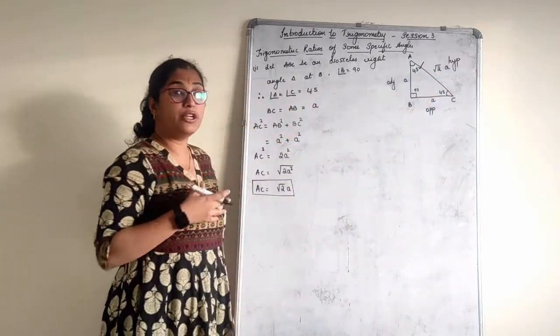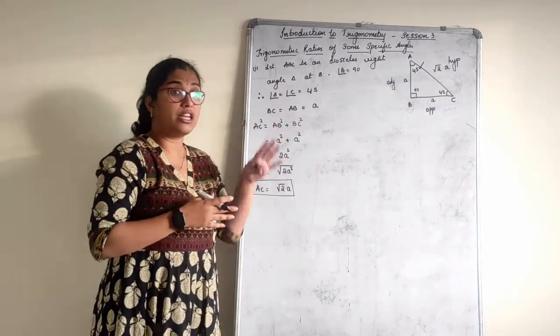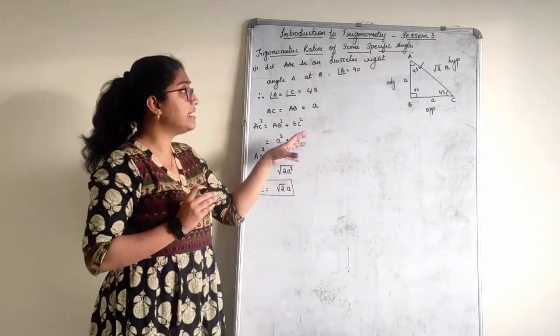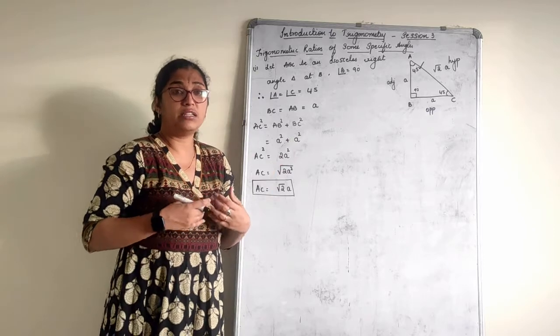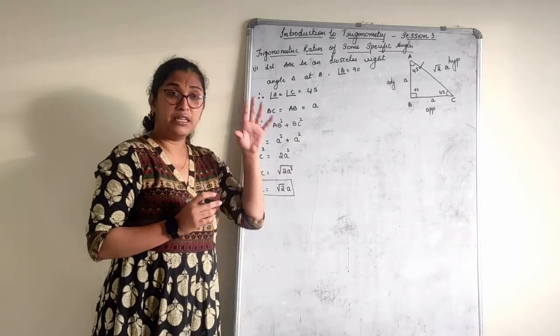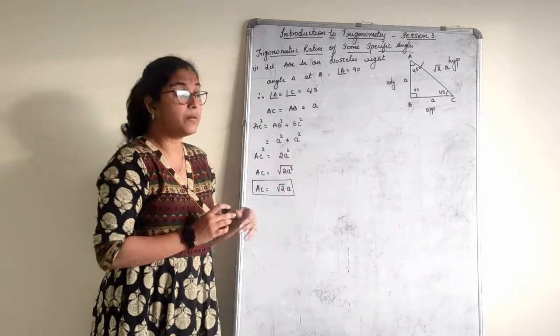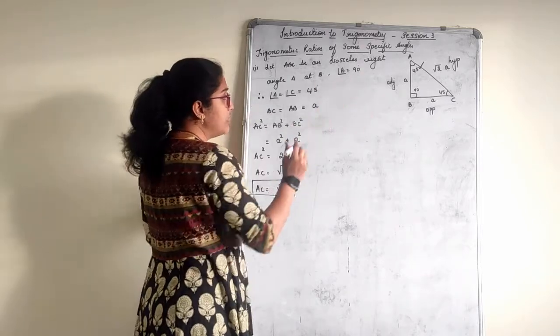Very important to mention which angle you are choosing. Based on the angle, we know the opposite side, adjacent and hypotenuse. Now children, here everything is interdependent. The first session has to be known thoroughly to understand this session.